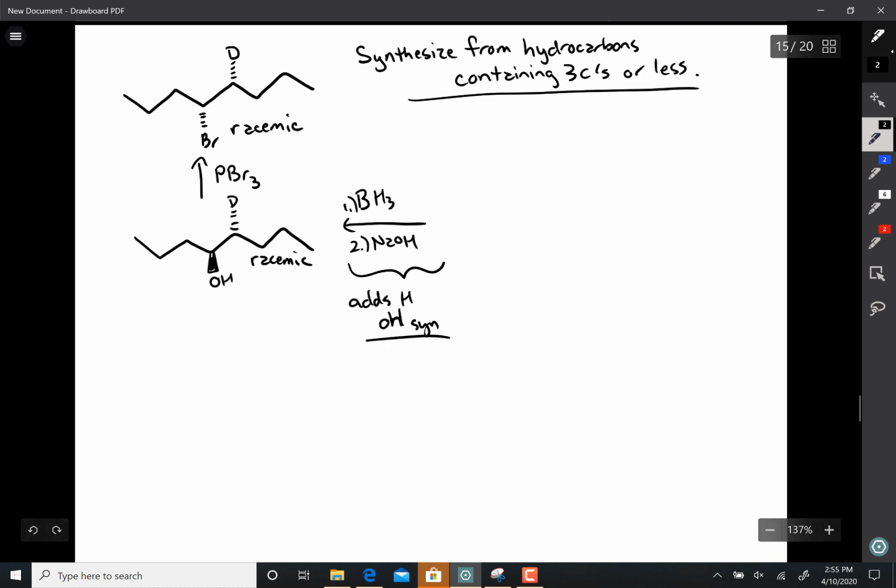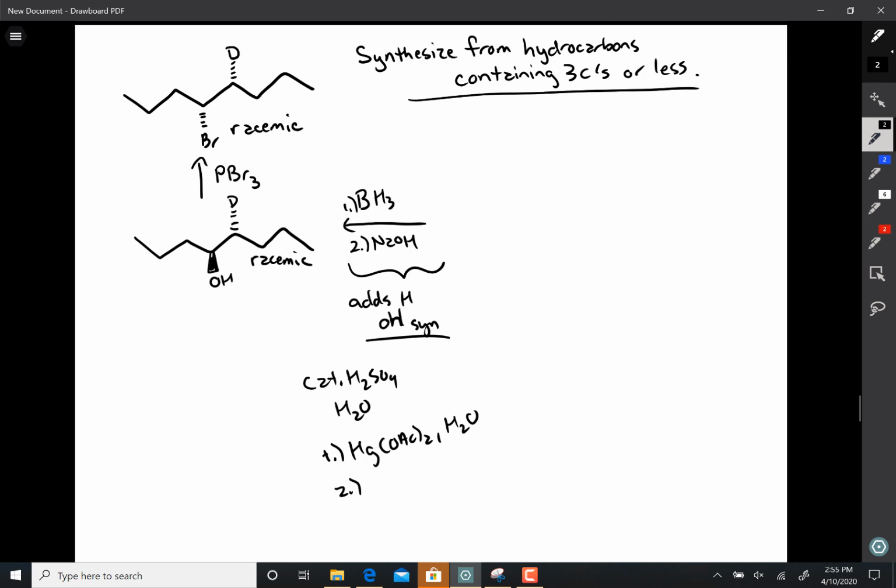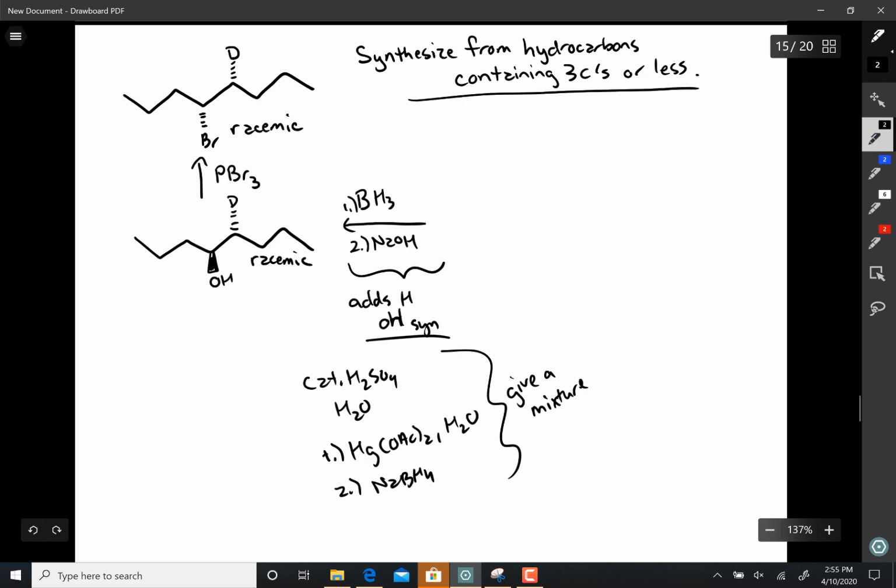All your other reactions of hydration, such as catalytic acid and water, or oxymercuration, followed by demercuration, these give a mixture of syn and anti.